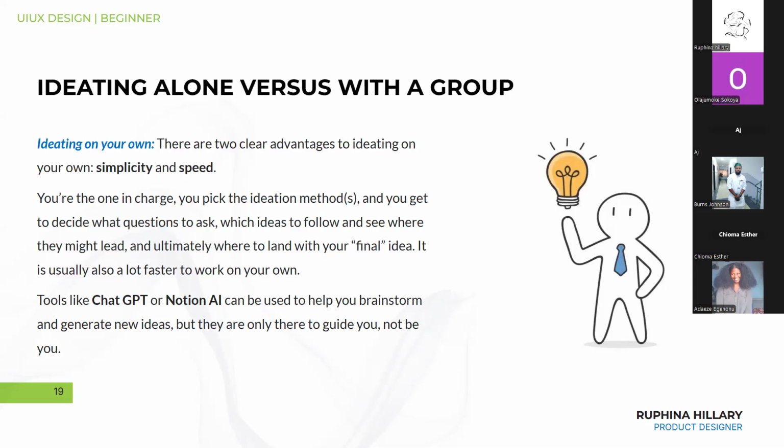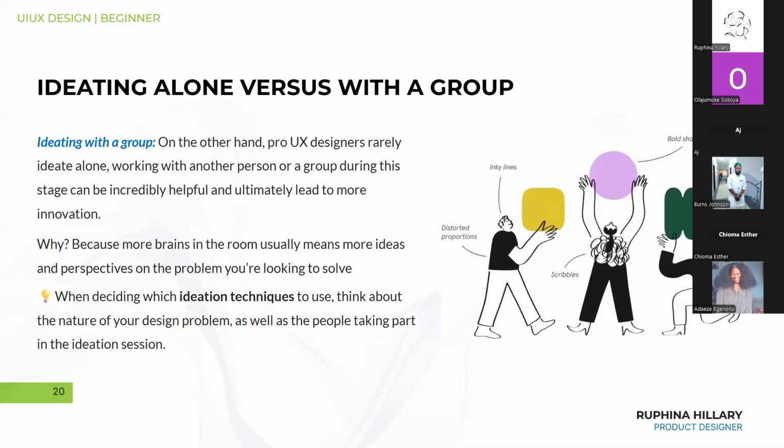So this is for ideating alone. If you're ideating with a group, working with other people, this can be very helpful because there are a lot more brains in the room. That means there are a lot more ideas and perspectives on the problem you're looking to solve. You might be thinking of something a certain way, and someone else might be thinking of it another way.